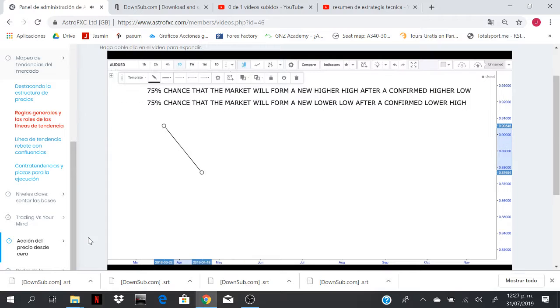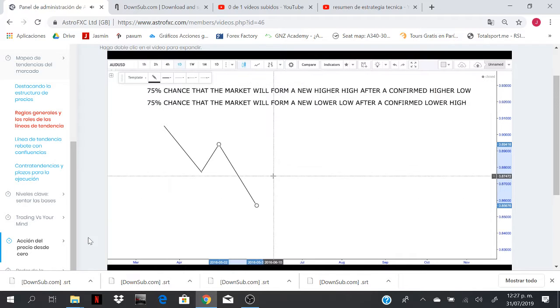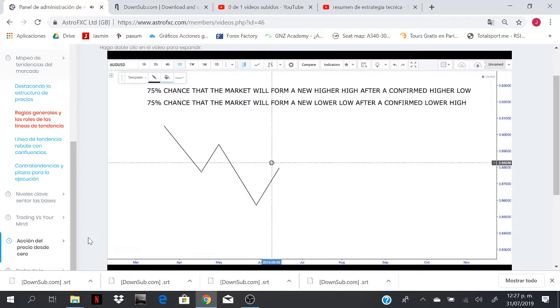So if you've got these rules down, for instance, let's say you've seen a lower swing high potentially form just around here. Let's say it's a 3-pin, or it could be a bearish engulfing, or a shooting star, or an evening star.